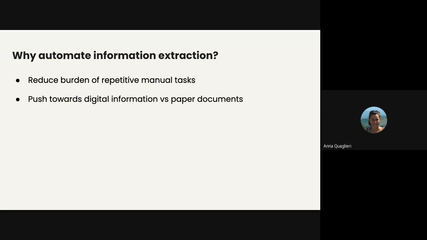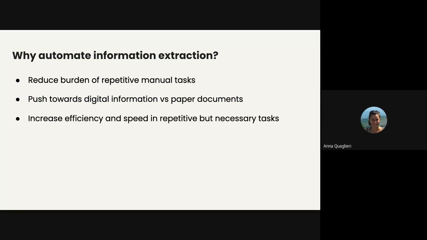The other reason could be, especially now, if you think about the world we are living in with social distancing, shifting towards sharing information in a digital way instead of using paper documents makes things more trackable and also avoids the need for human-to-human contact, especially the exchange of paper documents.